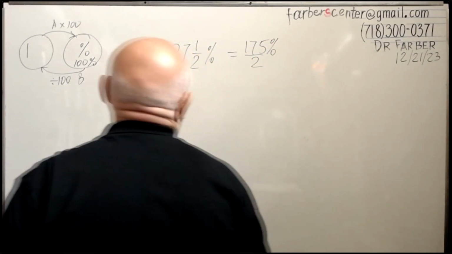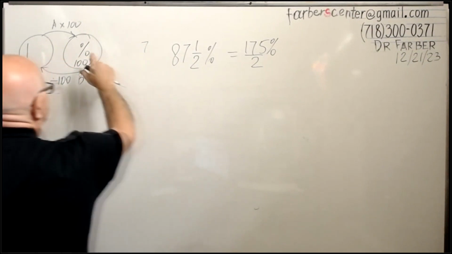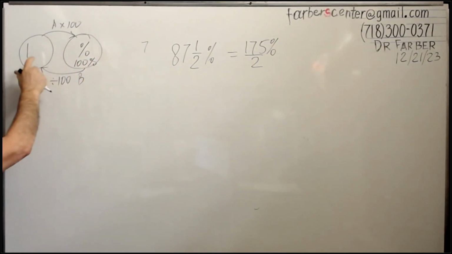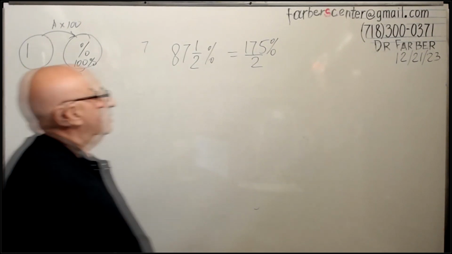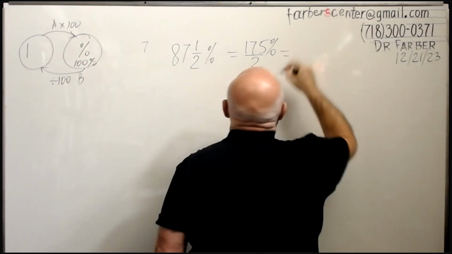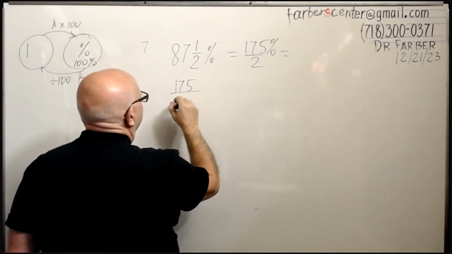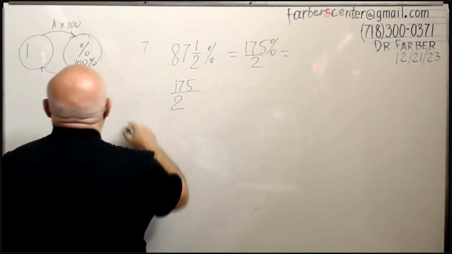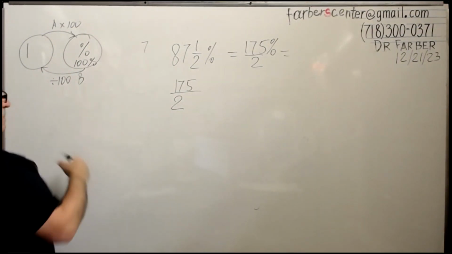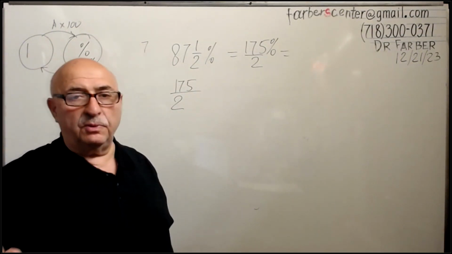Since you ask a 16th, you here, and you're supposed to go over there. How to do this? Easy. It's the same like 175 over 2. You have to divide by 100. What is division by 100? I multiply the denominator by 100.